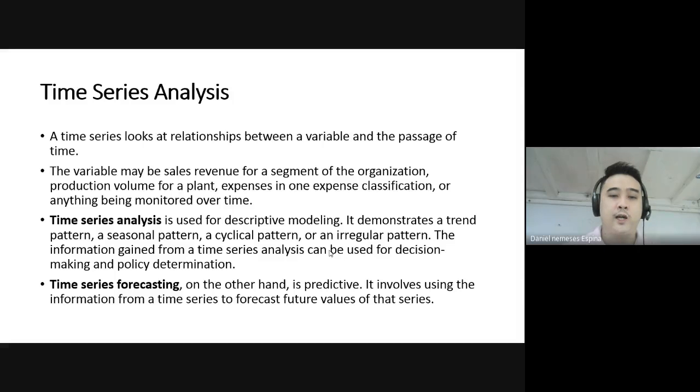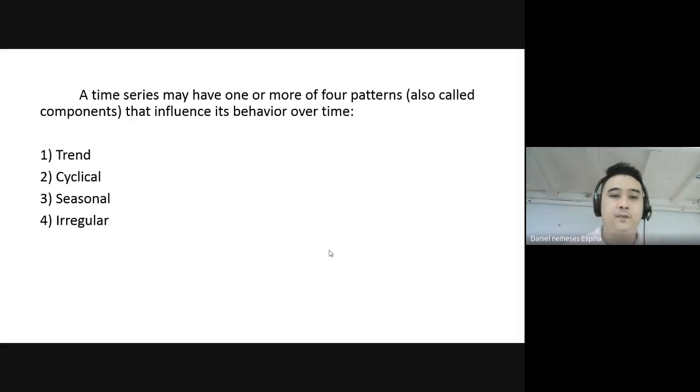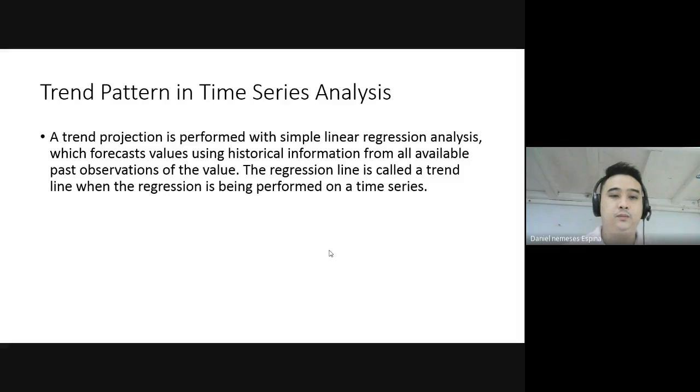So time series analysis is descriptive. It only describes a pattern or explains something, but it is not automatically used as a predictive tool. In time series forecasting, linear regression is very useful if the pattern is a trend. There are four patterns: the trend, cyclical, seasonal, and irregular.